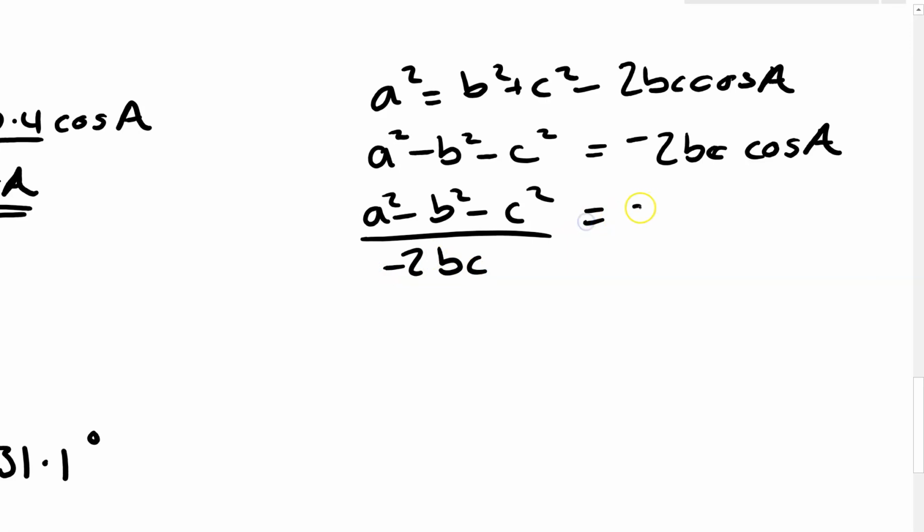You can fiddle around with it a bit more, but the very last thing you could do if you wanted to is cos to the minus 1 of what we've got there.